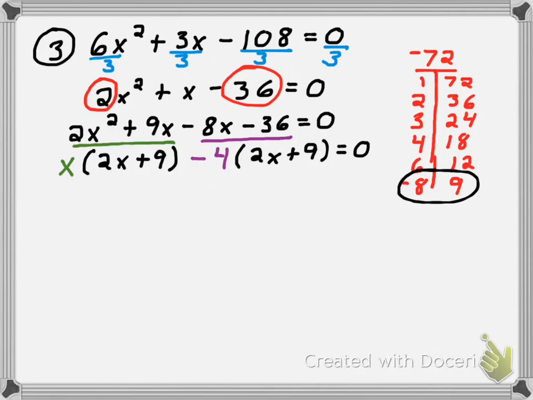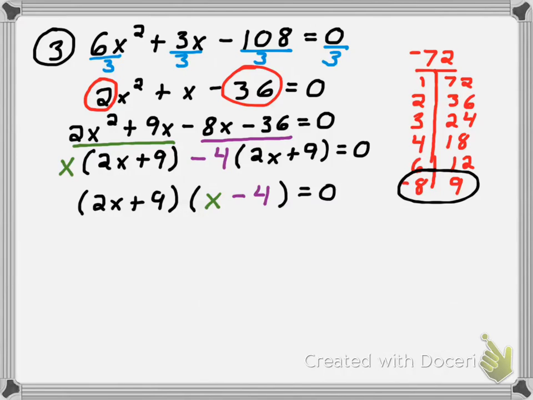And we still have our equal 0. Now remember that we're going to factor out the common parentheses. So if we factor out that 2x plus 9 in the front, that becomes our first factor, and our second factor will be the two things that we pulled out of each group. So we have x from the first group, and we have minus 4 from the second group, equals 0.